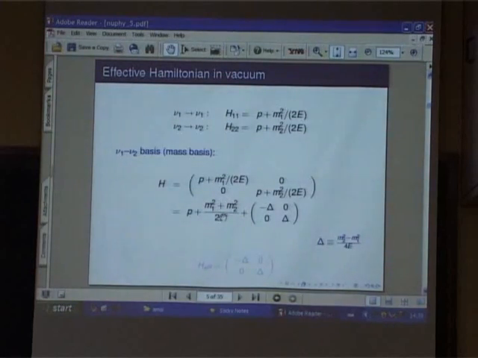What I do is I take out the identity part from it. I take out p, which is common to the 2, and I take out the average of these 2, m1 squared by 2E and m2 squared by 2E. If I take these things out, what remains is this matrix, where delta is m2 squared minus m1 squared divided by 4, which is like delta m squared by 4.